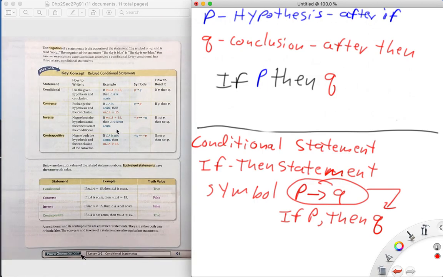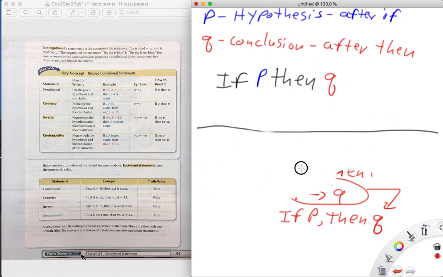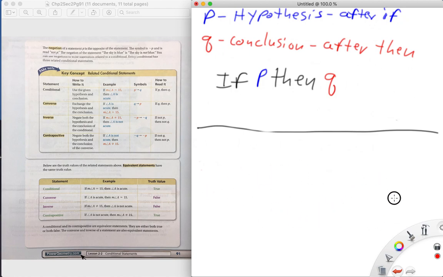We also have something called the negation, which also has a symbol. The symbol for negation is this little squiggly, and that essentially means not.